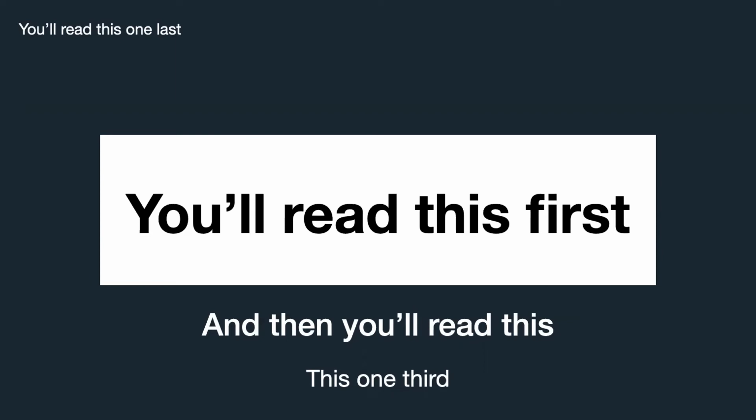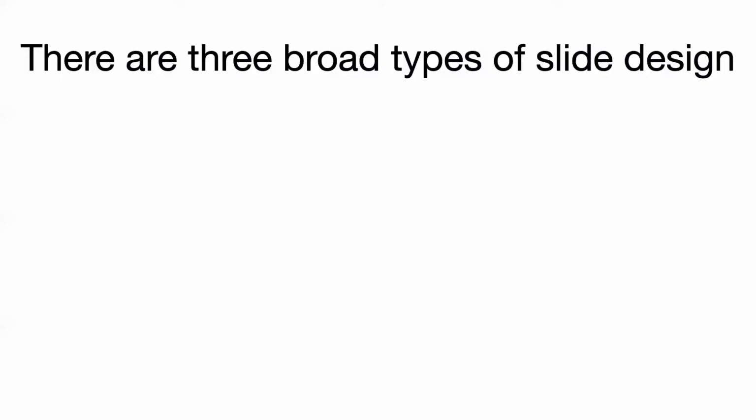We're going to get into more design principles, but I want to take a quick look at the 3 broad types of slide design before we go any deeper, because I think it'll help ground us a little bit. When I say slide design, it's something you're making with Keynote or PowerPoint or something along those lines.